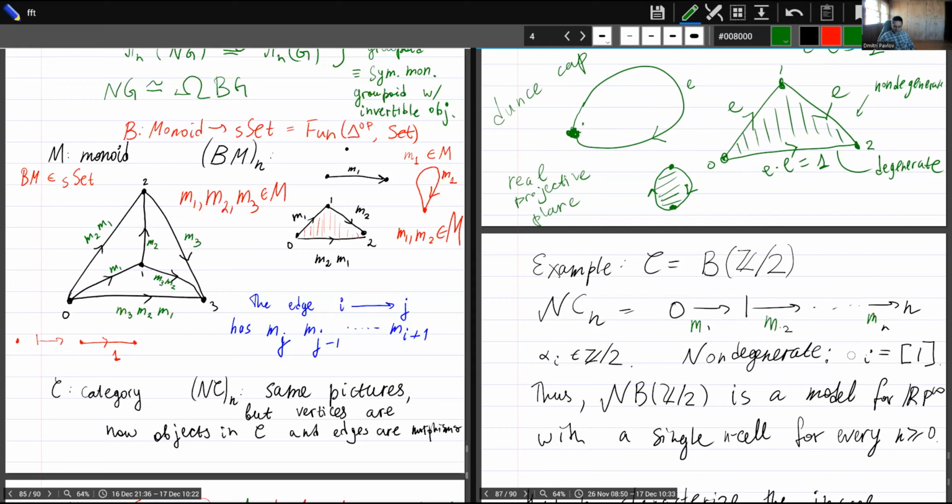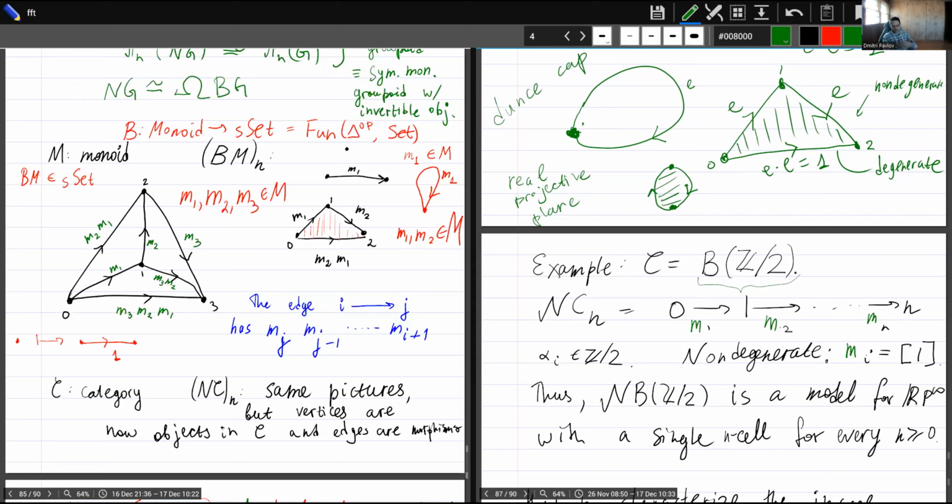If any of those m_i's is 0, then the n-simplex will be degenerate. So your only choice for a non-degenerate simplex is when all m_i are equal to 1. So the classifying space of Z mod 2 has a single non-degenerate n-simplex for every n greater than or equal to 0.